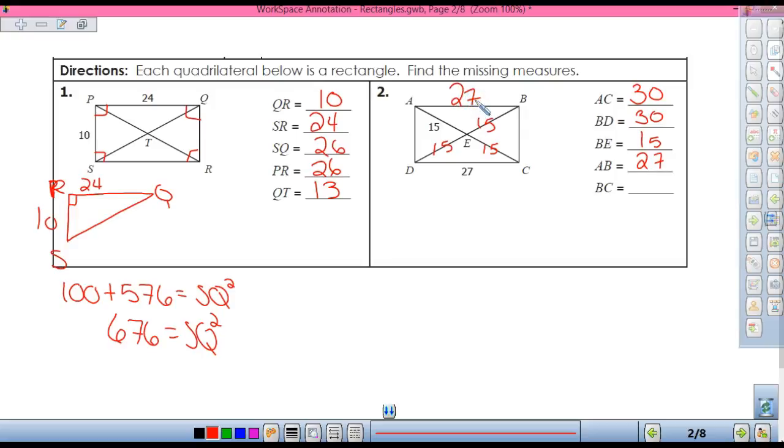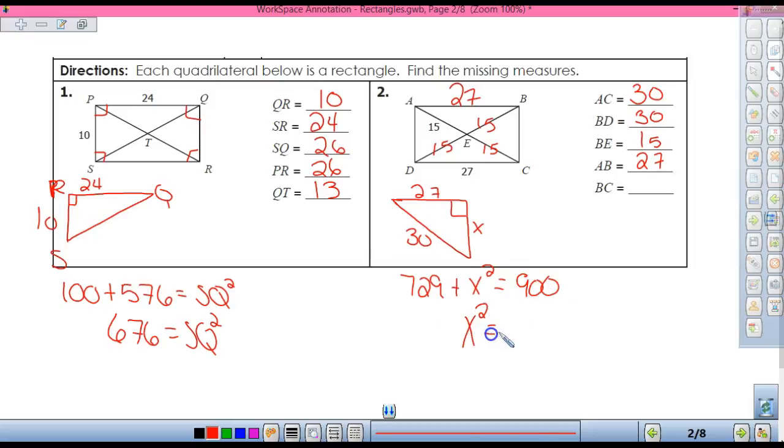So now we need BC. So I've got my triangle, I've got 27. I remember my 30 is over here now. So am I finding the hypotenuse or a leg? A leg. So 27 squared is 729. 729 plus 100.